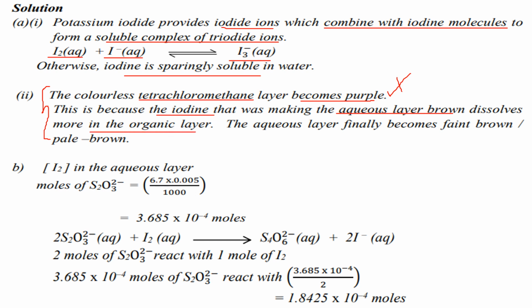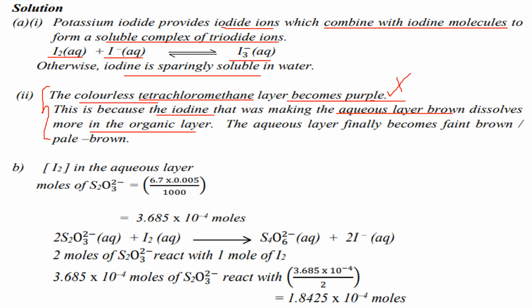As it dissolves in our organic layer, we are going to see our colorless organic layer turning purple. That's why the aqueous layer finally becomes faint brown or pale brown, because the iodine that was present in it is all going to the organic layer.